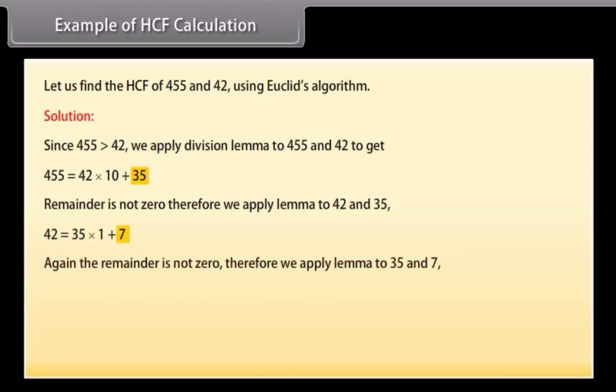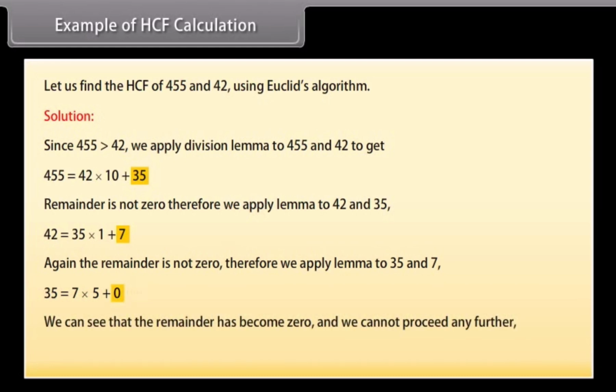Again, the remainder is not 0, therefore we apply the lemma to 35 and 7. 35 = 7 × 5 + 0. We can see that the remainder has become 0 and we cannot proceed any further. Therefore, the HCF of 455 and 42 is the divisor at this stage.